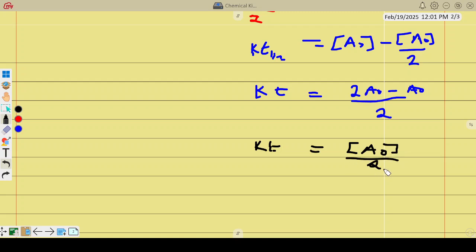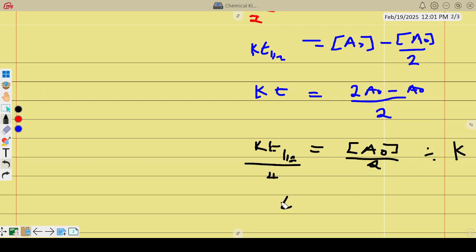And then to remain with t alone, which is the half time, we divide by k. We divide this side by k, even this side we divide by k.